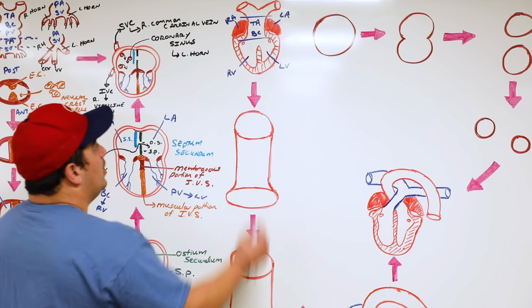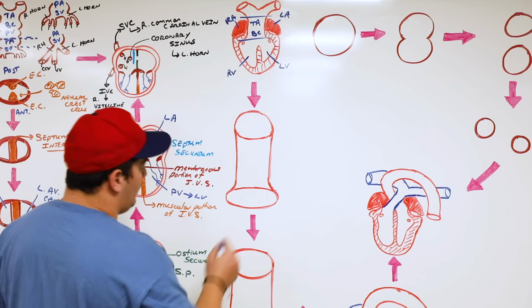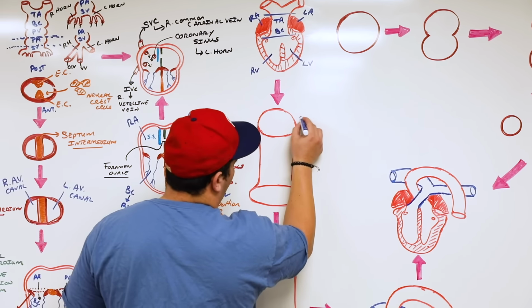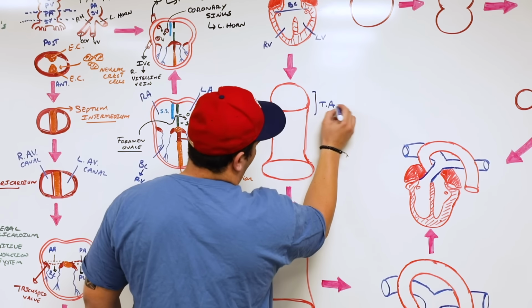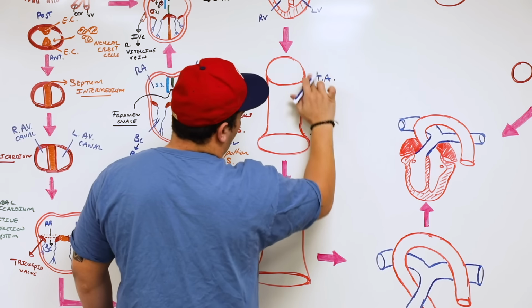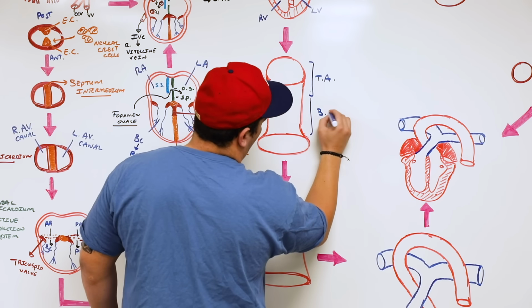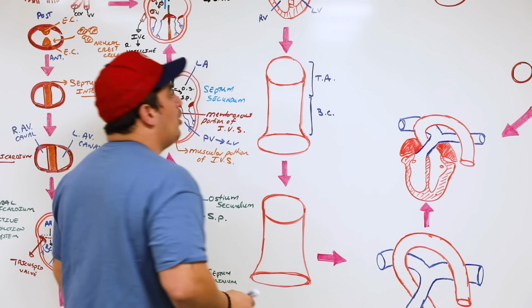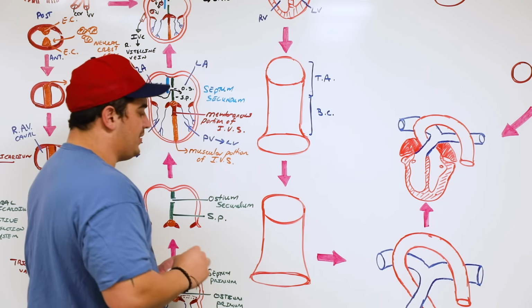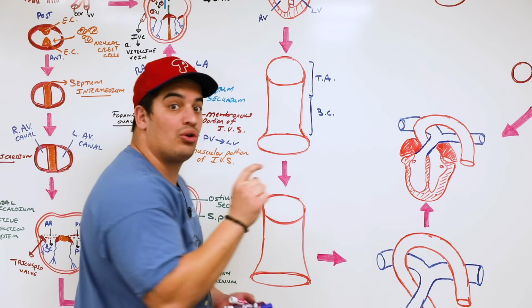Okay, so if we take a section here and here, we get this structure here. So again, the top portion here is going to be your truncus arteriosus, and this bottom portion here is going to be the bulbus cordis. Okay? All right, beautiful. Now, what happens is you start to form, again, neural crest cells.